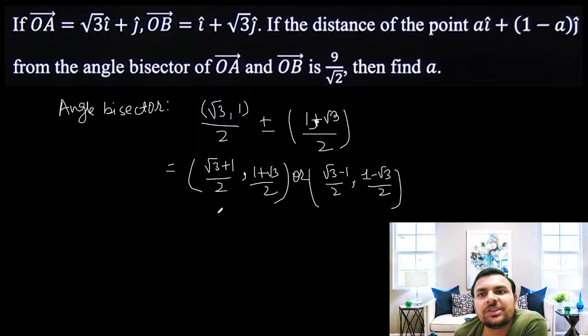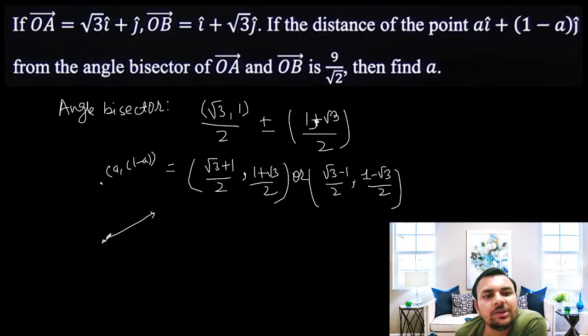Okay, so the distance of the point from the angle bisector of OA OB. So the angle bisector is there. There is a point. Now how to find the distance? This is a comma 1 minus a. So how to find the distance? OA, OB are there.